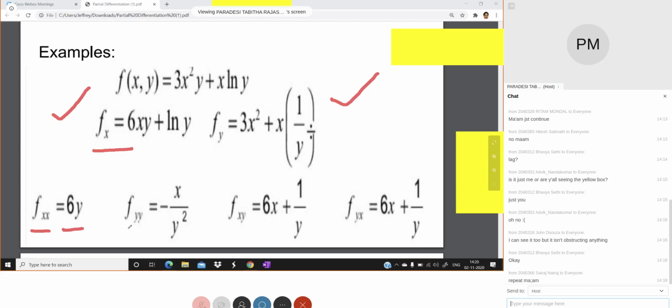But what about fyy? Go to fy, differentiate it one more time with respect to y. Derivative of 3x square with respect to y, Sairaj, what is the answer?